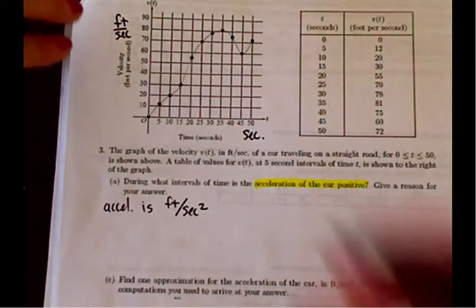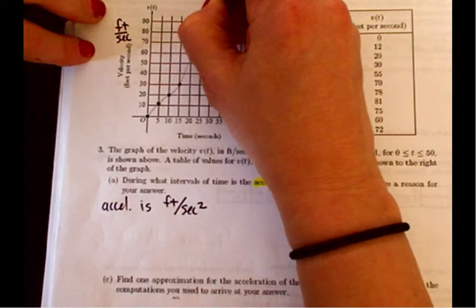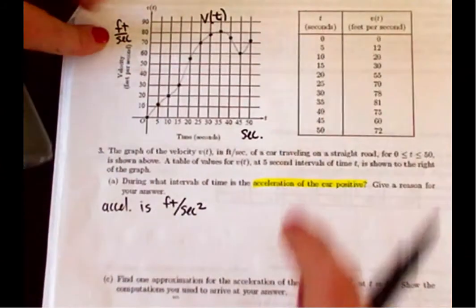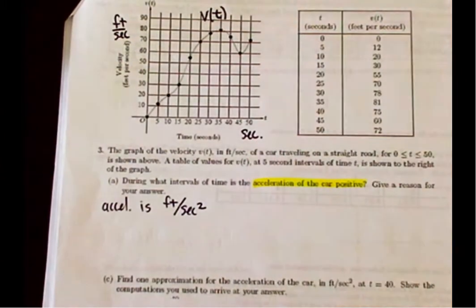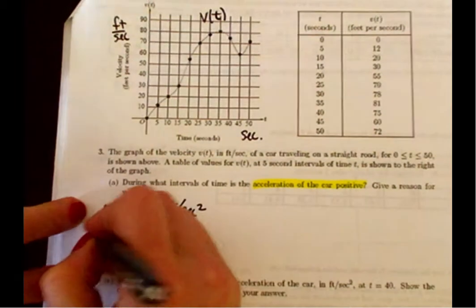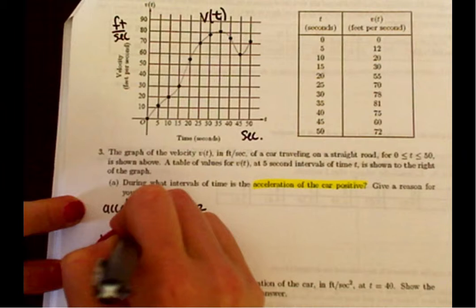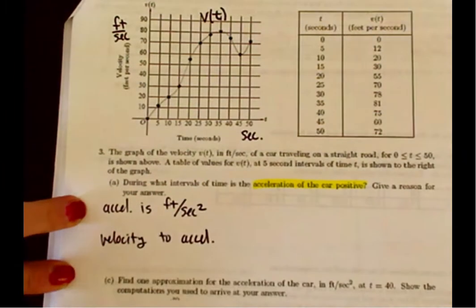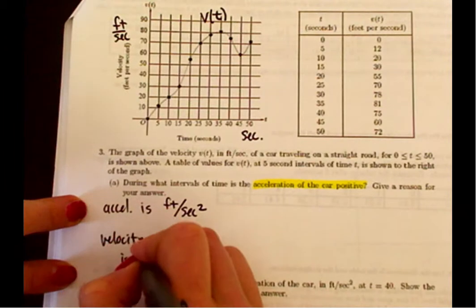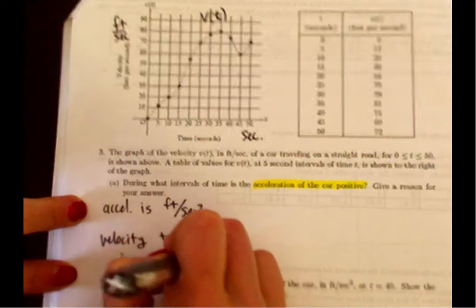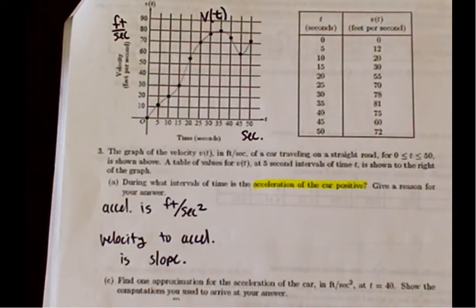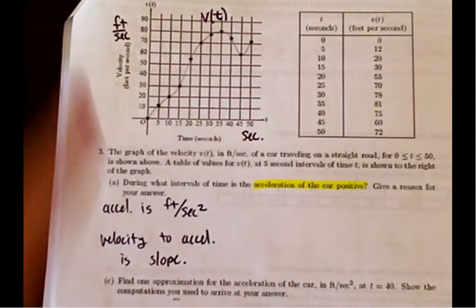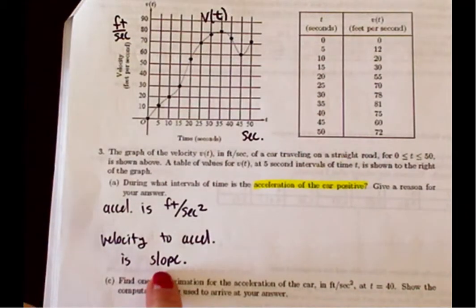How do you get from velocity graph in feet per second to acceleration? Slope. Velocity to acceleration is slope. I'm connecting the graph I have to the information I need.